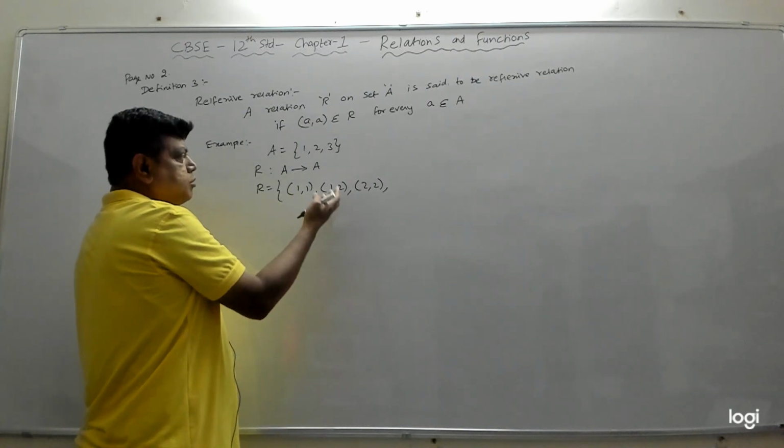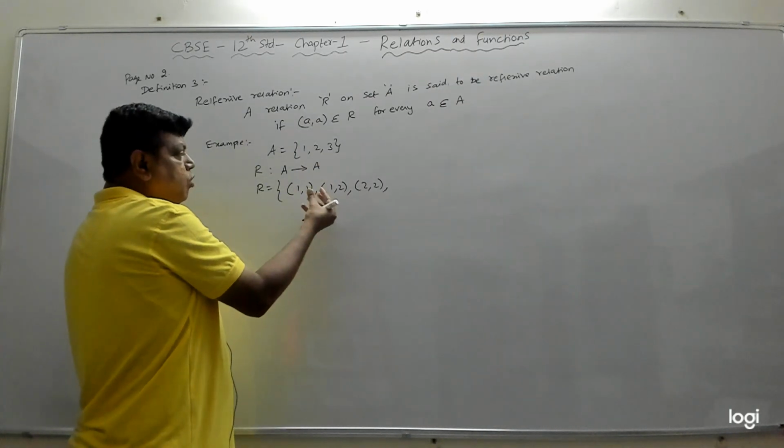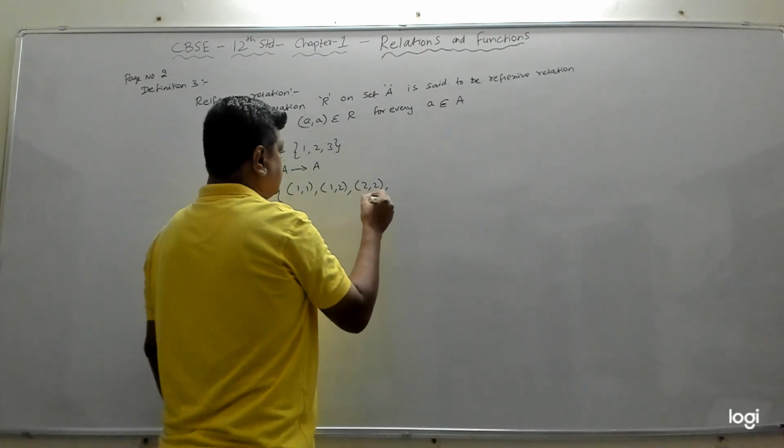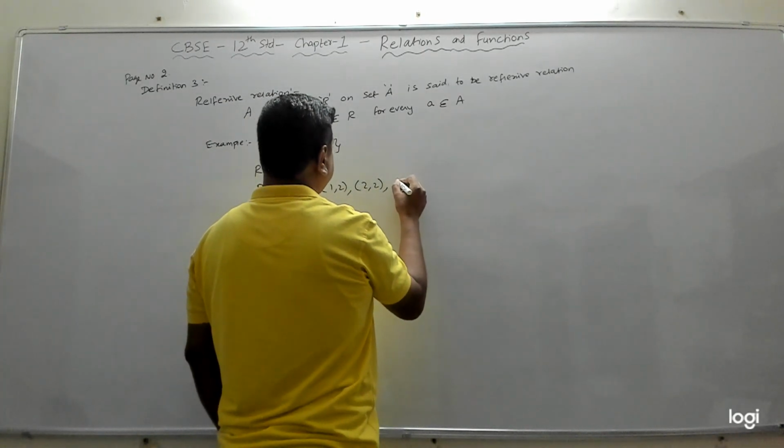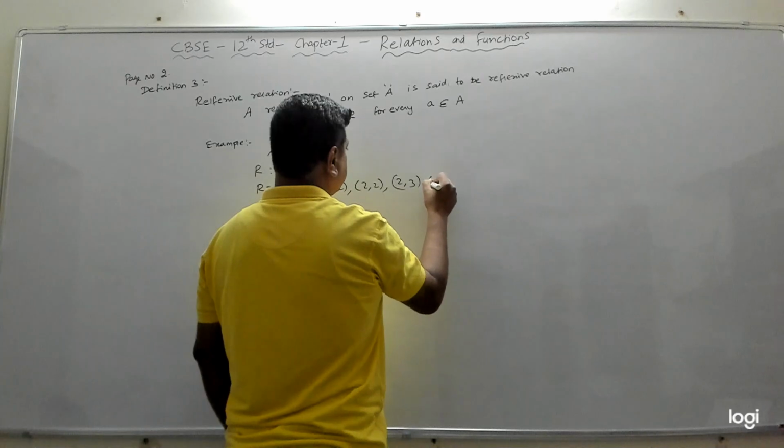Relation R is a subset of A cross A, so I am taking a few elements from A cross A.